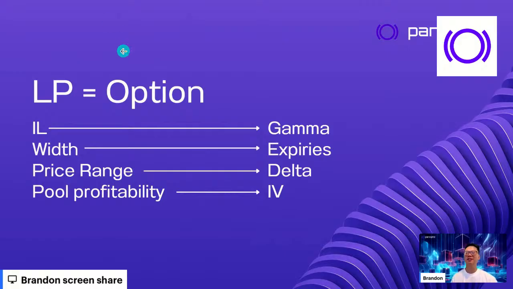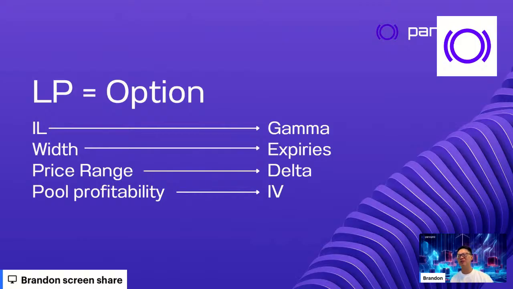So this is the big picture connection: if you start thinking as an options trader, in terms of curviness, exposure, expiries, implied volatilities, this changes the game. It provides a whole new lens when you LP. No longer are you asking which price range you want, but rather how much exposure do I want?